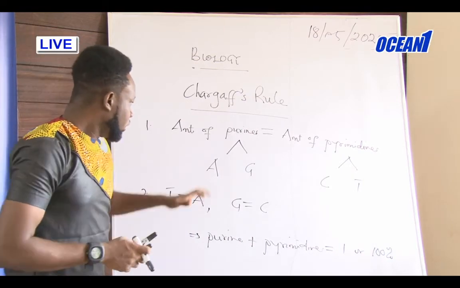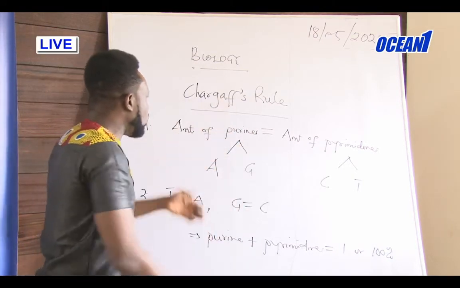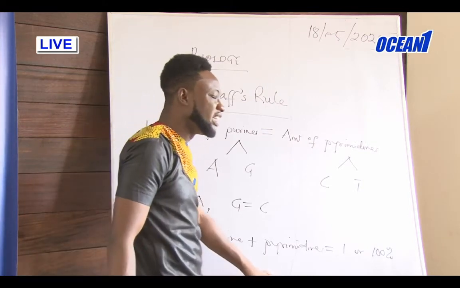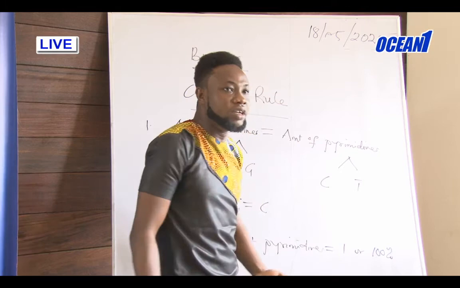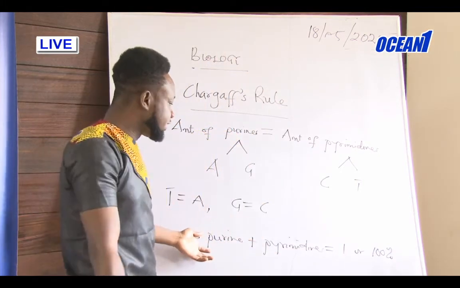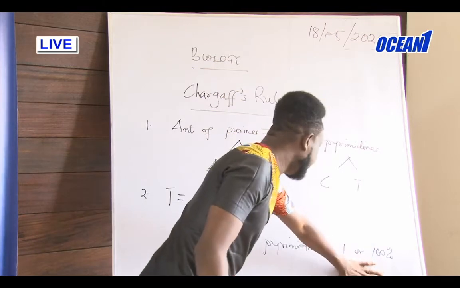So, restating what Chargaff said, we can also say that the ratio of purines and pyrimidines in a DNA molecule is equal to 1 or it is equal to 100%.